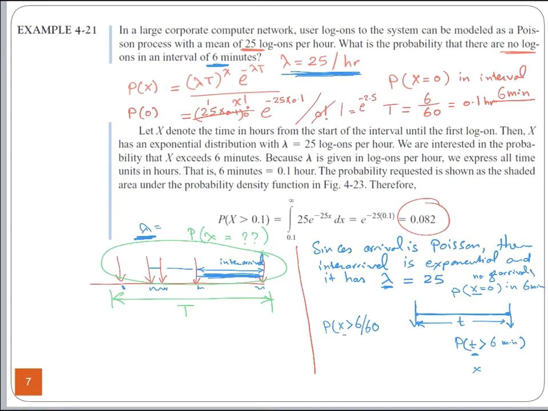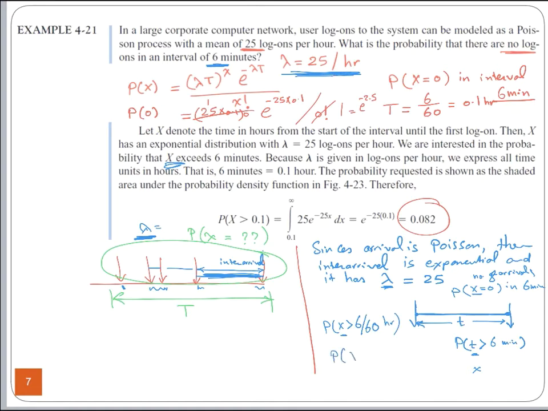Don't forget that we have to measure our time. X now represents the time, not the number of arrivals. I'm just using the same name twice, once for the count and once for the time. They should be different, but because we are using x as the time between arrivals, I'm going to use x again. So the probability that x is greater than this value in hours. Don't forget we have to convert it to hours.